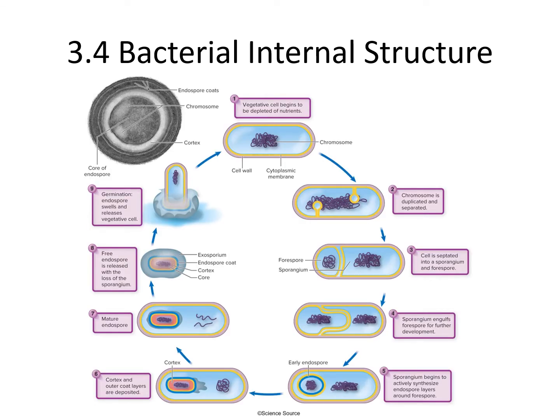When you look at it, as you see here in this figure, a bacterial, they call it vegetative cell. A vegetative cell is metabolically active. It's taking up nutrients, making stuff, breaking stuff down.